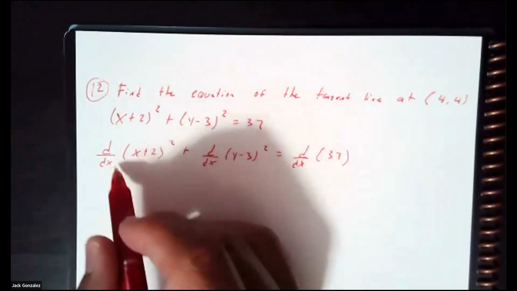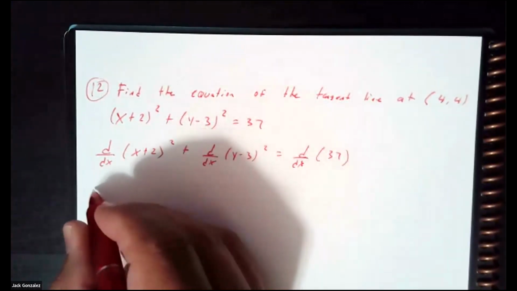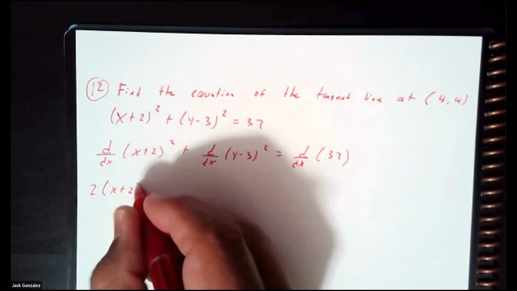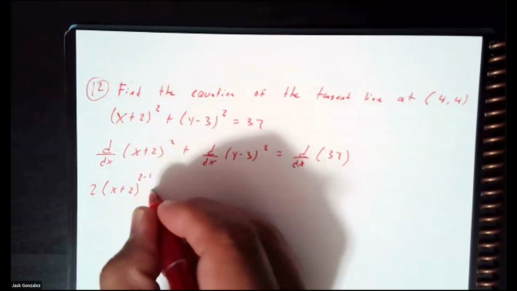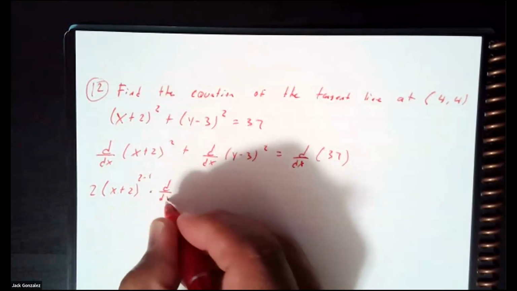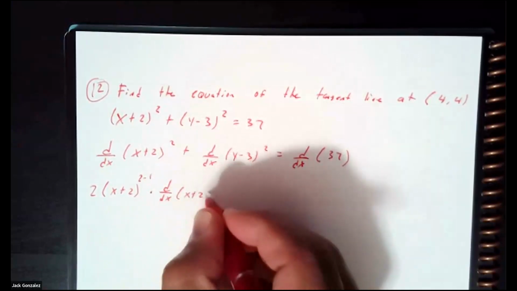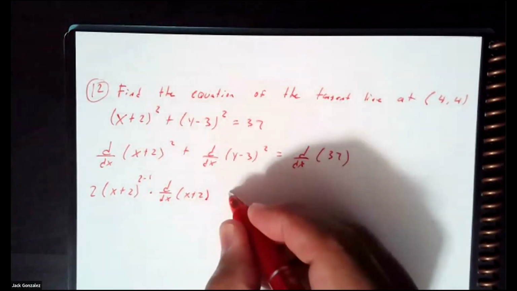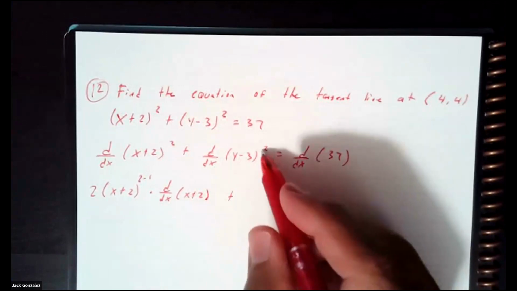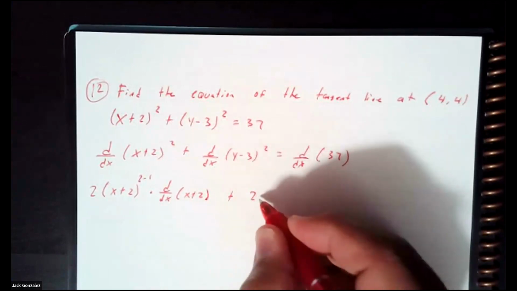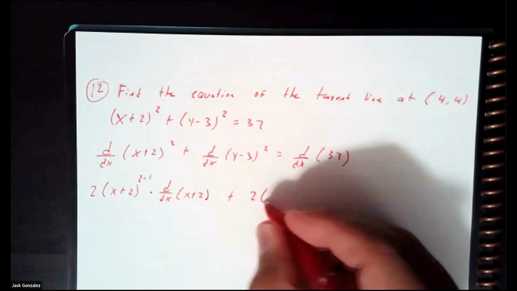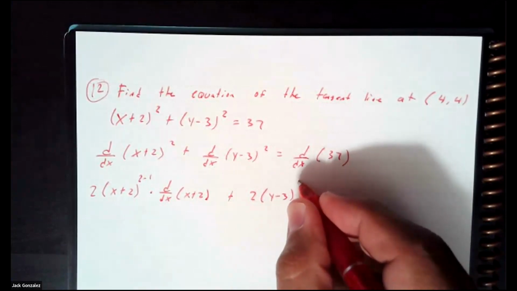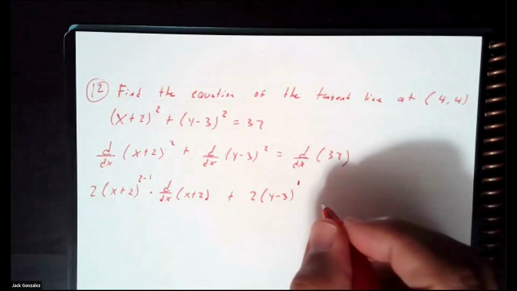The derivative of this would be a chain rule. So bring down the 2, minus 1, times the derivative of the inside, which happens to be a 1. Plus this derivative will be the same, except it has a y component. So it would be y minus 3 and 2 minus 1, which is 1.